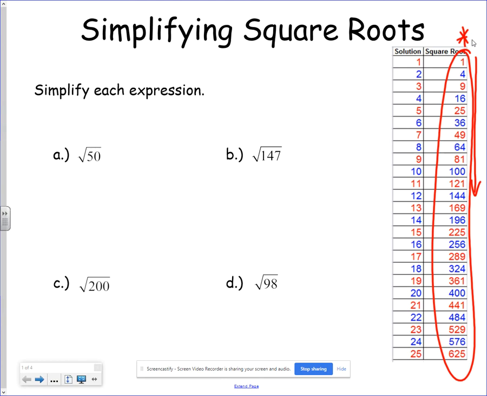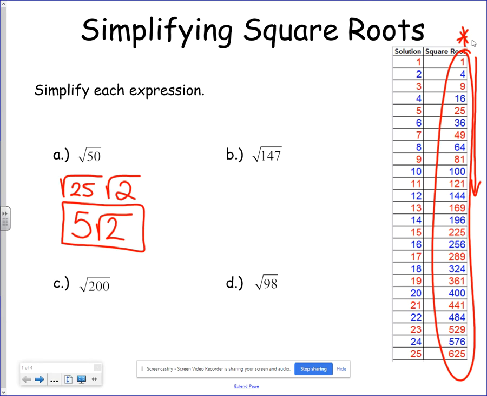Well, that number is 25. So what you can do is write this as the square root of 25 times the square root of 2, because 25 times 2 is 50. What is the square root of 25? 5. So the square root of 50 reduces down to 5 square root of 2, or 5 radical 2. That's your final answer. That's simplified.